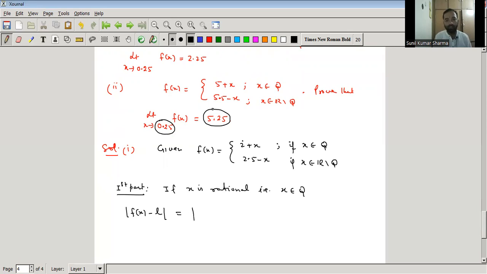If x is rational, then f(x) is 2 plus x. So I can write 2 plus x minus L, and L is 5.25.